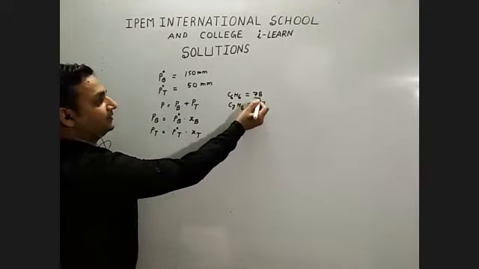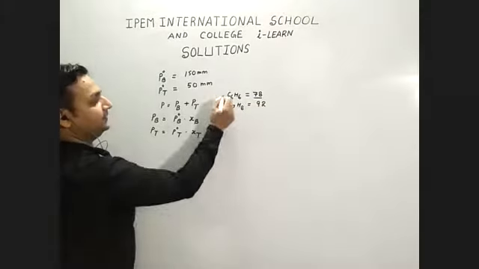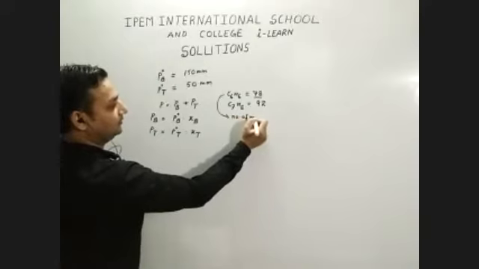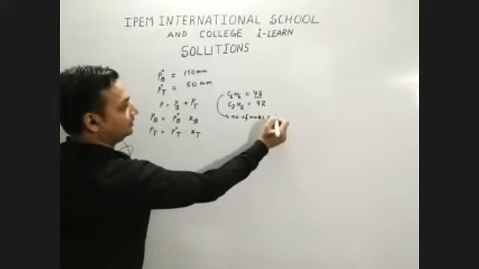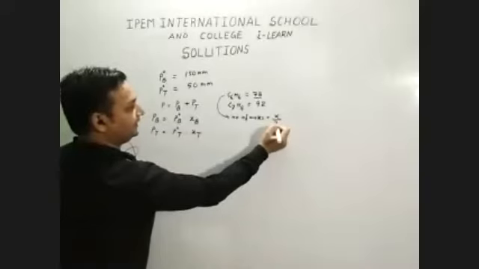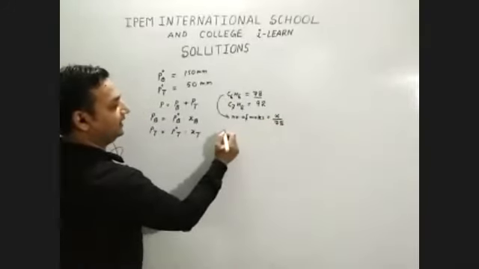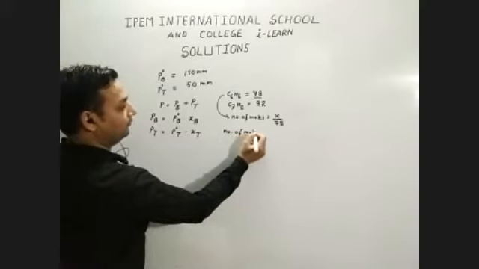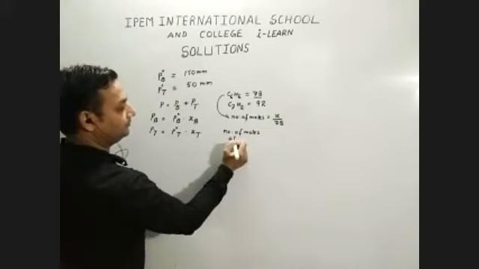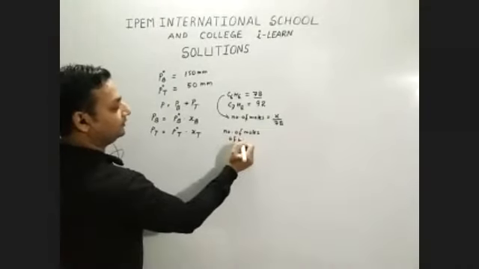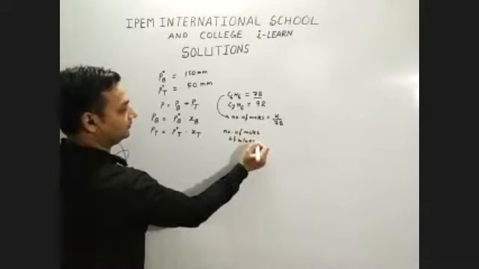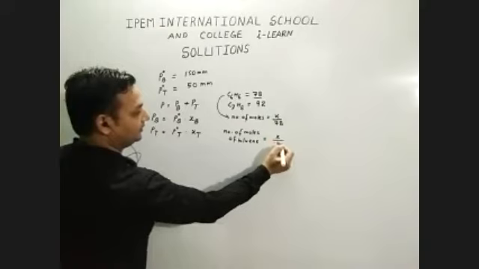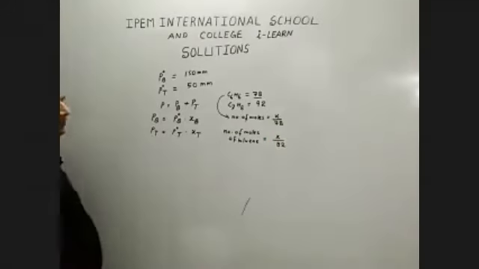Number of moles of benzene will be X upon 78, and the number of moles of toluene is X upon 92.